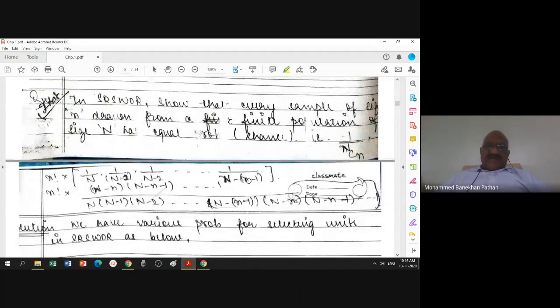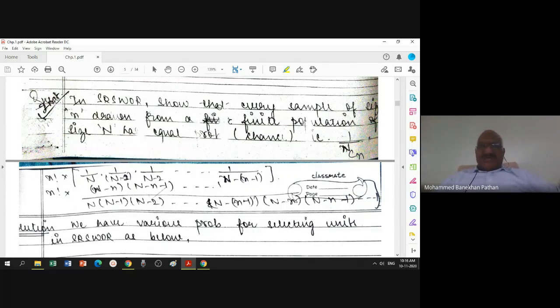Let us see another result which is also important. In simple random sampling without replacement, show that every sample of size small n drawn from a finite population of size capital N has equal probability, that is chance, and that equal probability is 1 upon NCn.